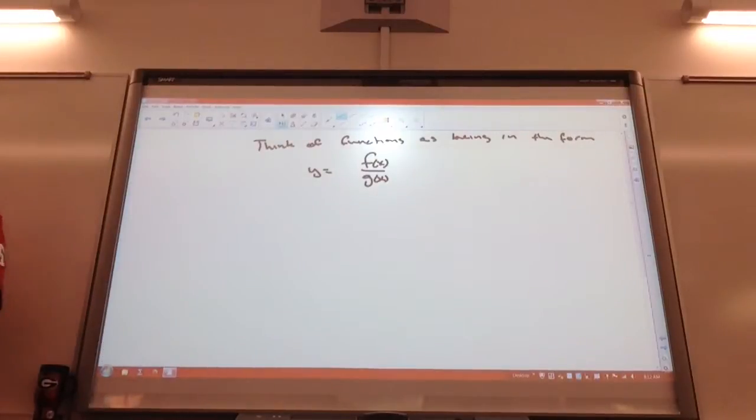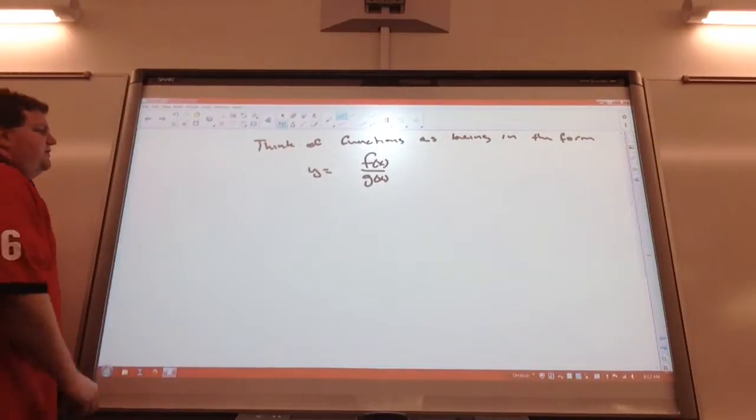The difference is we're going to think of all functions as being this way. Now, we can do that because for a function like x squared, which clearly isn't a fraction, I can always write it as x squared over the constant function 1. And then it's in this form here. But anyway, start to think of all functions like this.